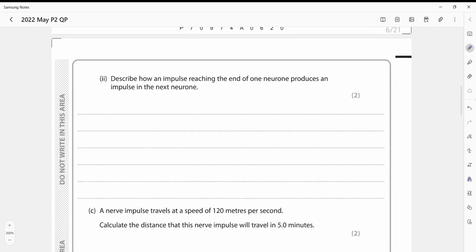Describe how an impulse reaching the end of one neuron produces an impulse in the next.